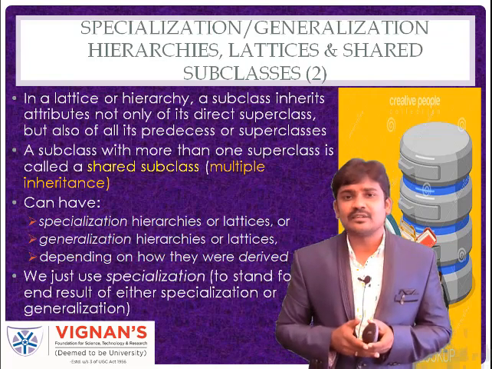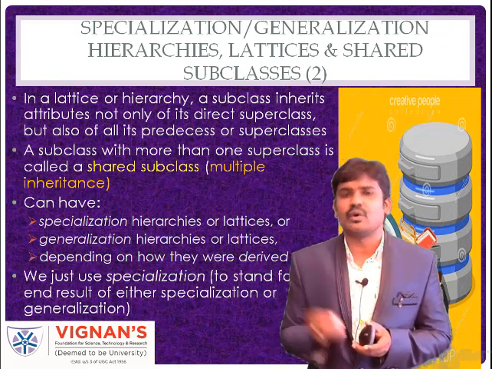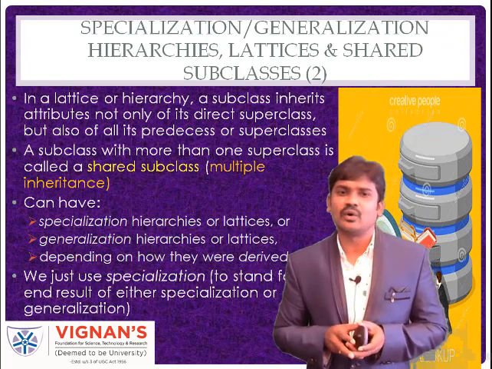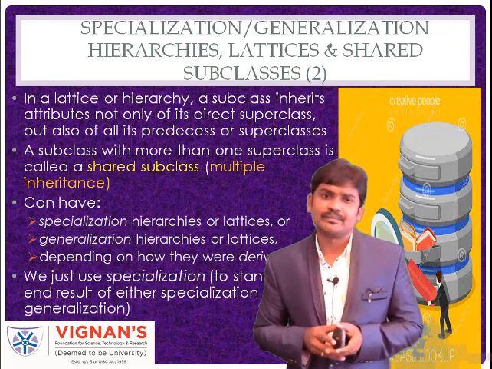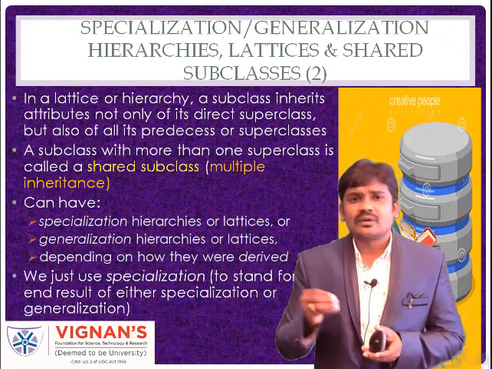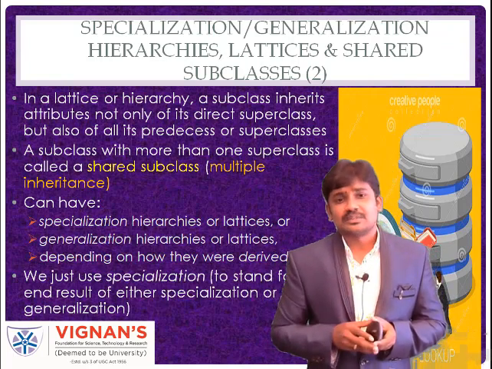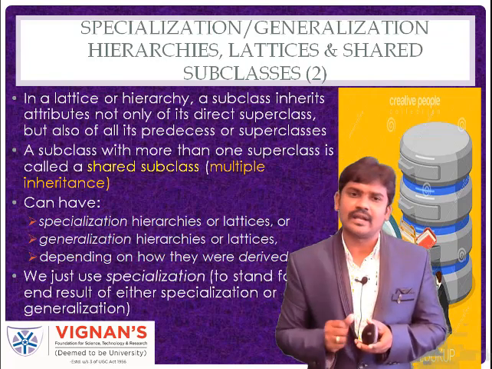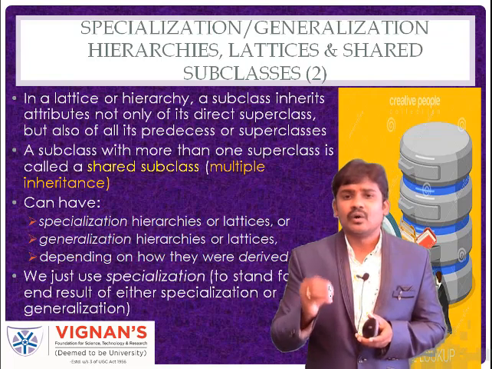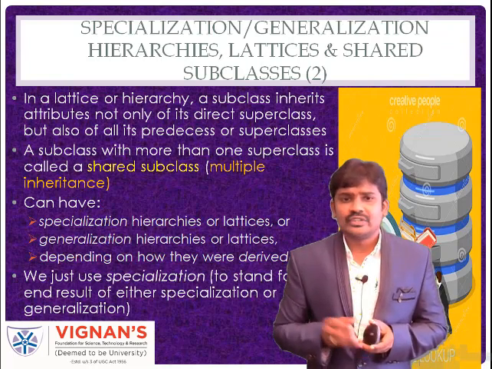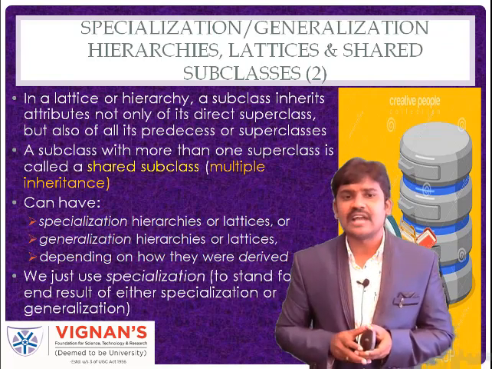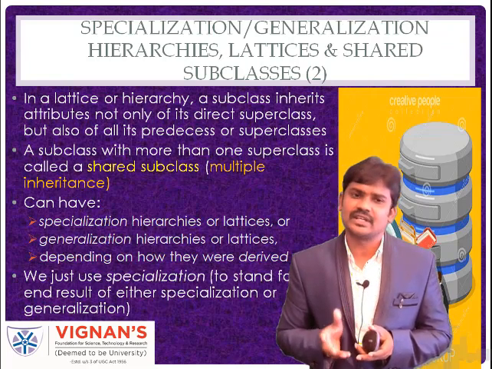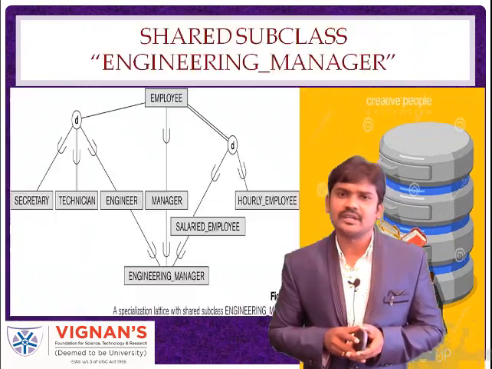A subclass with more than one superclass is called a shared subclass, that is, multiple inheritance. So a lattice or hierarchy can be a specialization hierarchy or lattice, or a generalization hierarchy or lattice, depending on how they were derived. We just use specialization to stand for the end result of either specialization or generalization.